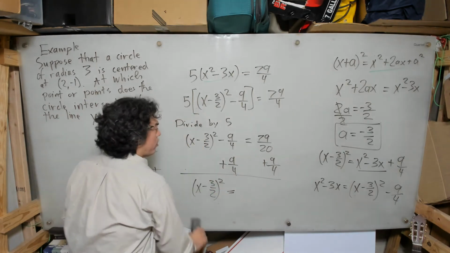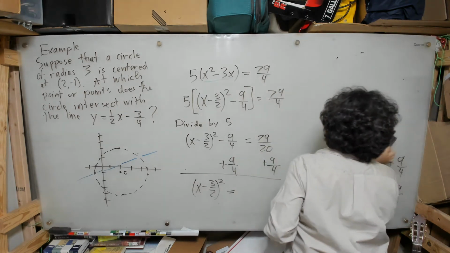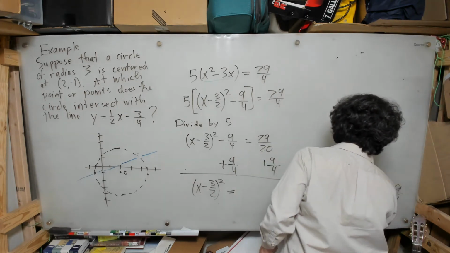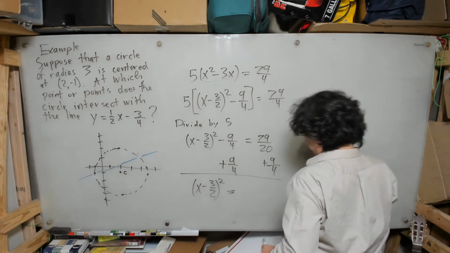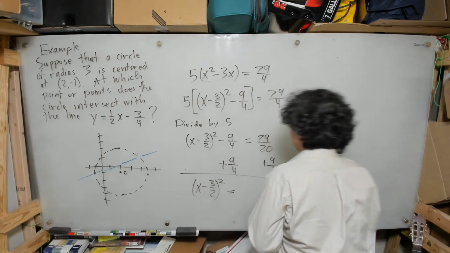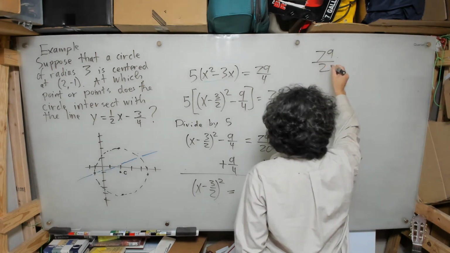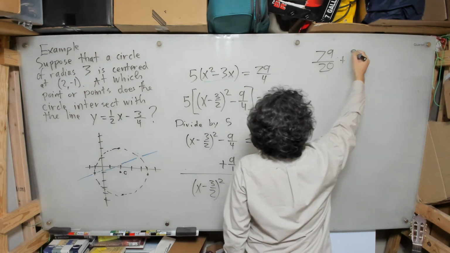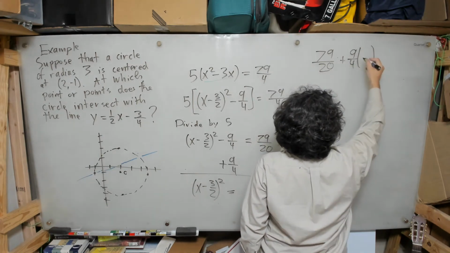So I'm going to do that over here. So 79 over 20 plus 9 over 4. And I'm going to put in my little brace here, right?